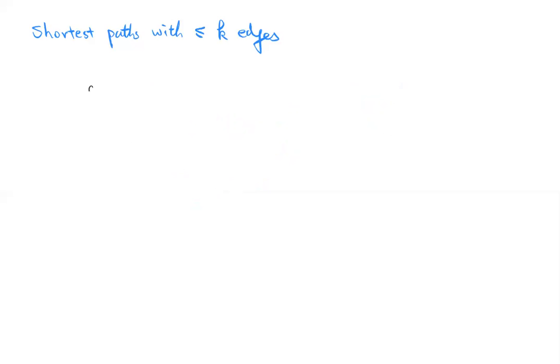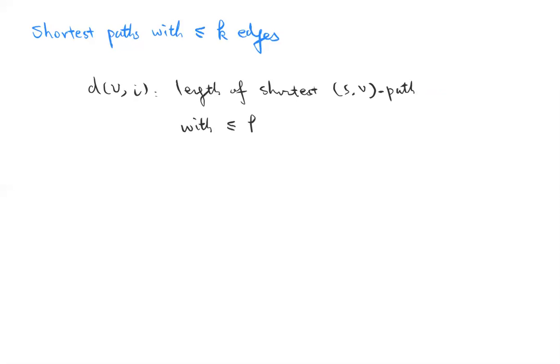So we use d(v, i) to denote the length of the shortest SV path under the restriction with at most i edges. Okay, so here the shortest path is the SV path, of course. All right, find the path from S to vertex V. So we define it in this way.